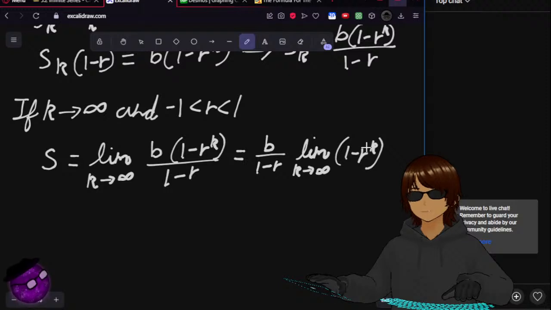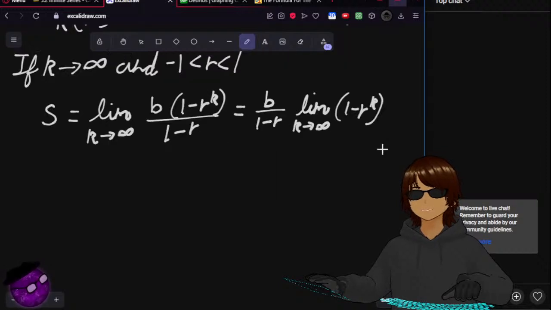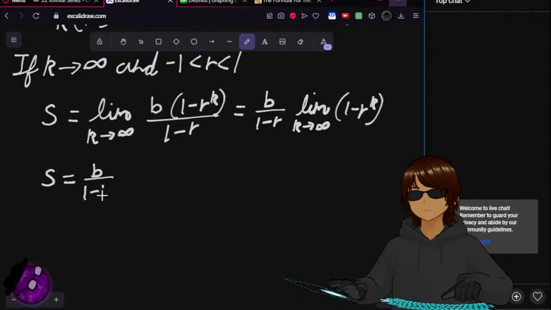Since r is between minus 1 and 1, r to the power of k will go to 0. Right? So then s, the sum to infinity, is this.